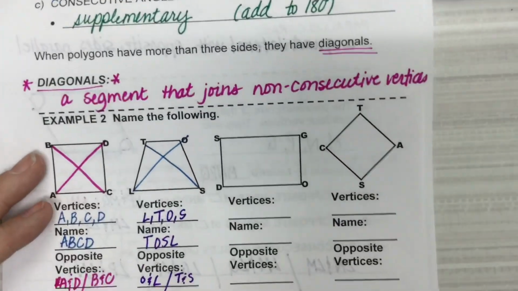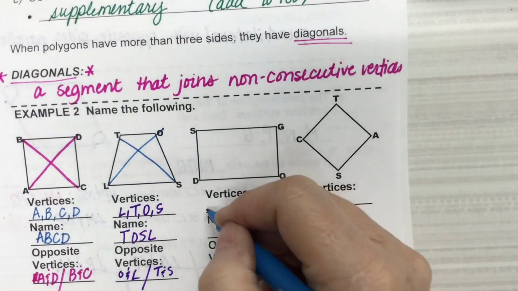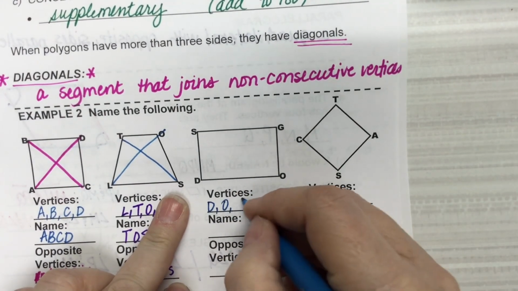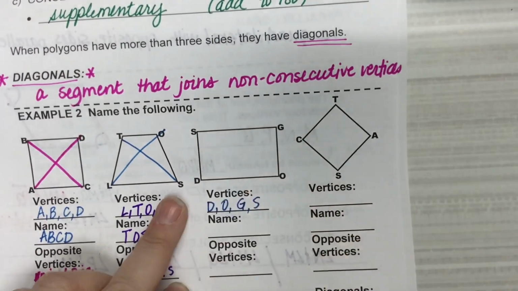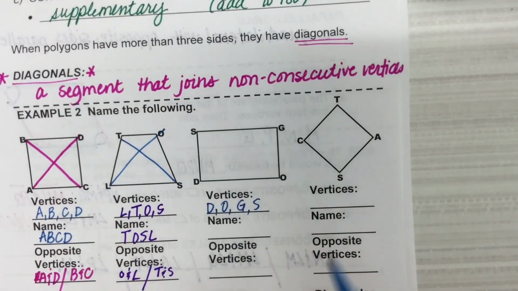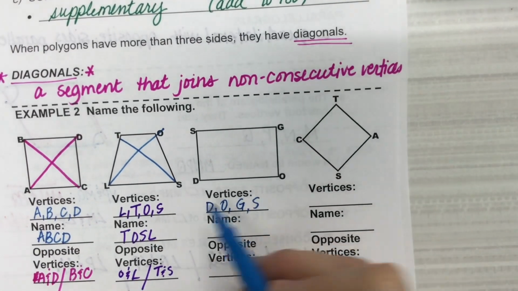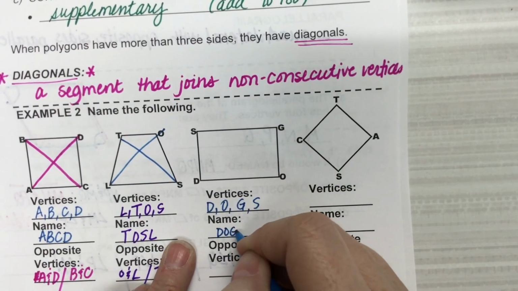All right, what are the vertices here? The vertices here are D, O, G, S. So I just listed them, and I listed them so I could spell a word. Well, that is okay, but can I name it that? Well, incidentally, they did put these in order, so I could name this D-O-G-S.